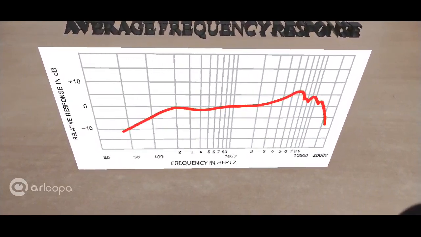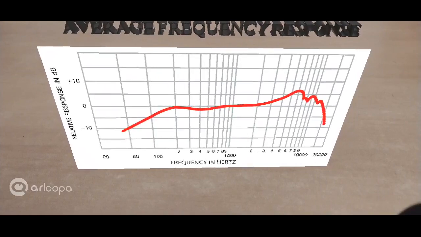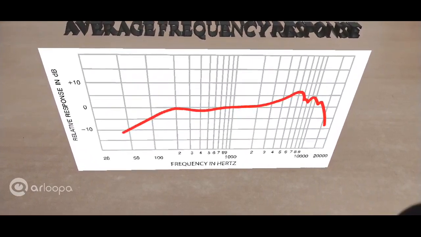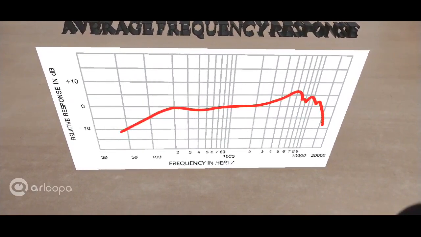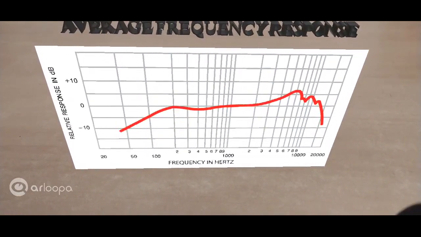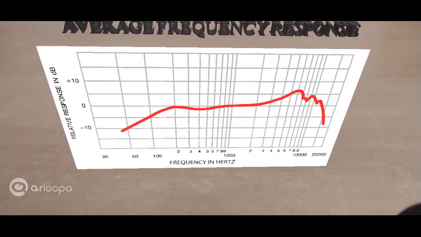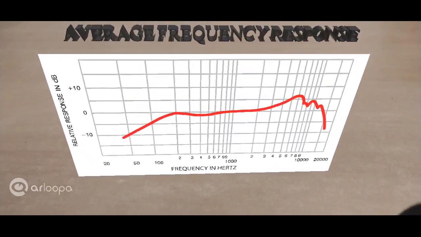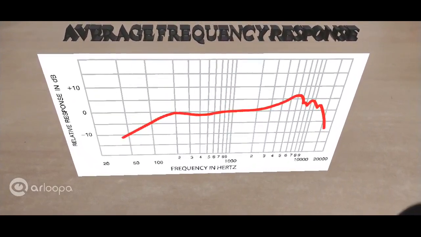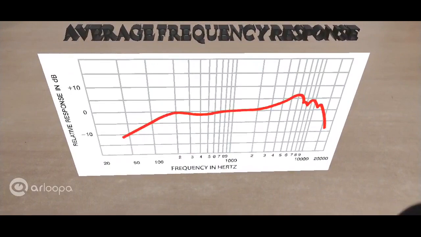But below 200 hertz and above 2000 hertz, the speaker is not able to reproduce the input appropriately. Below 200 and below 100, the deviation is really large. It's going negative, whereas above 3000, it's going positive. So this is like an average frequency response where some portions are flat and there are deviations in some places.